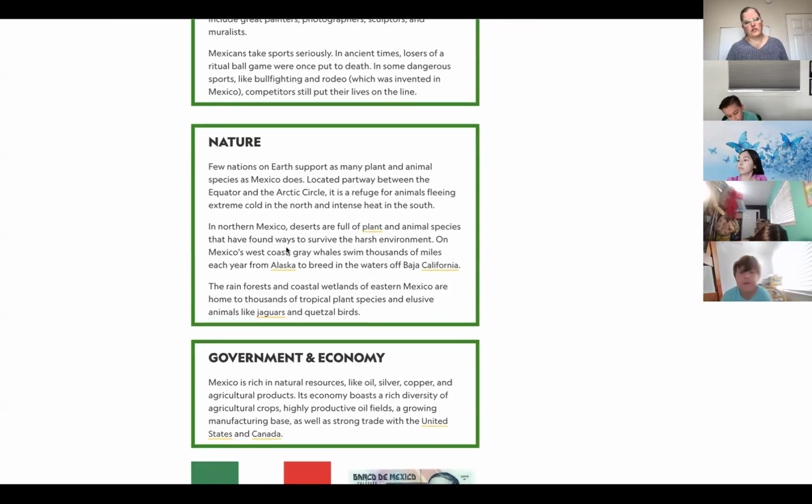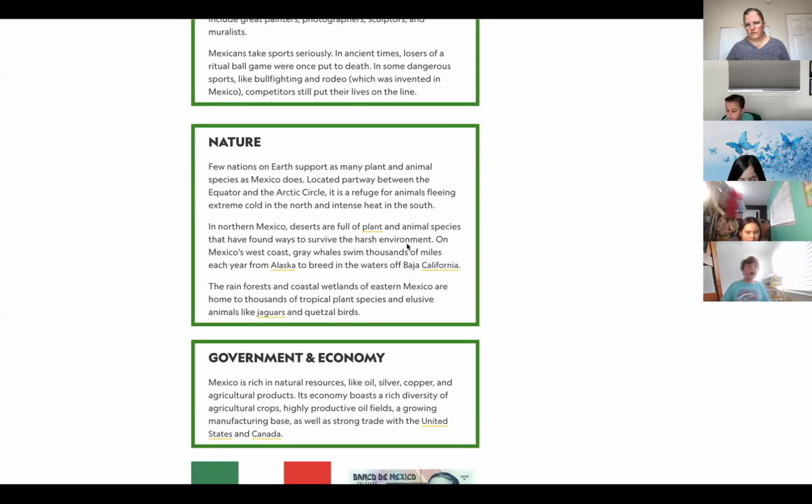I would keep going, Jonah. Look at this one. In northern Mexico, deserts are full of plant and animal species that have found ways to survive in the harsh environment. So that's a good fact. You could put plants, comma, animals, comma, harsh, and then maybe environment, you could put ENV dot. Does that make sense?